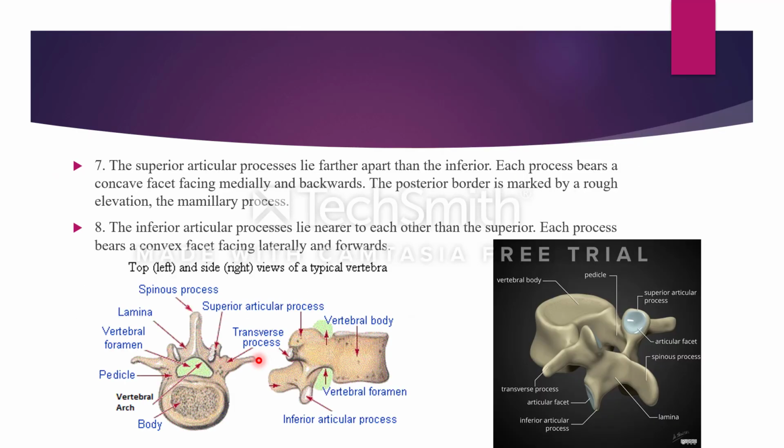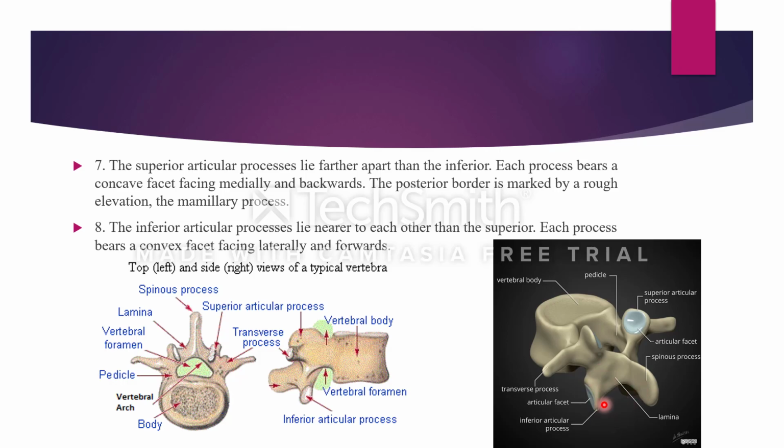Okay, so the accessory process is present on the transverse process and the mammillary process is present on the superior articular process. Then the inferior articular processes, see here, these are the inferior articular processes. They lie nearer to one another as compared to the superior ones. So the superior ones are farther from one another as compared to the inferior ones.